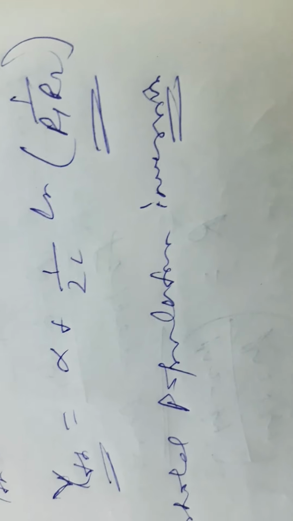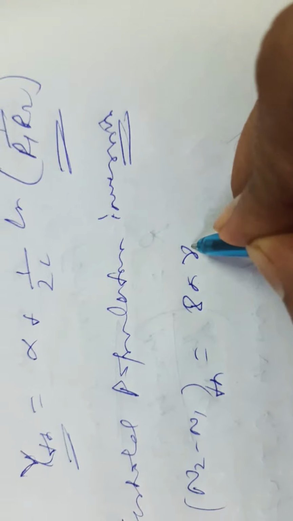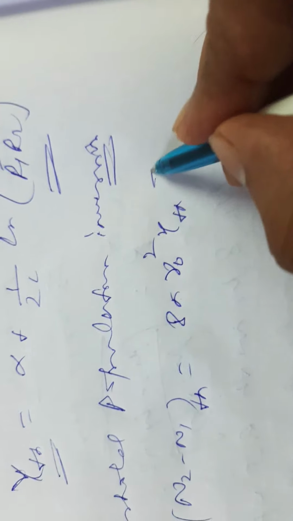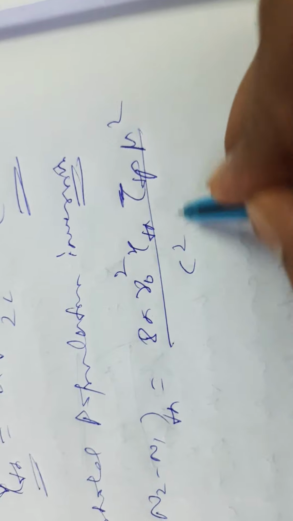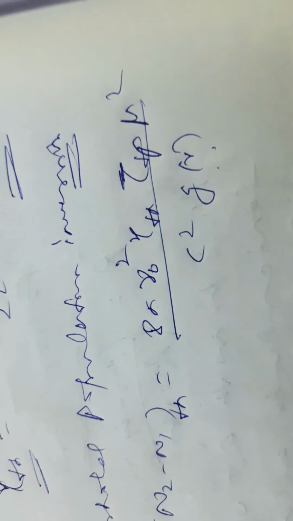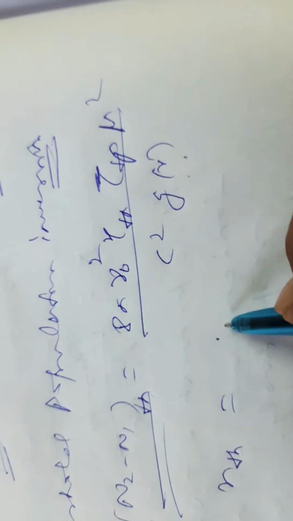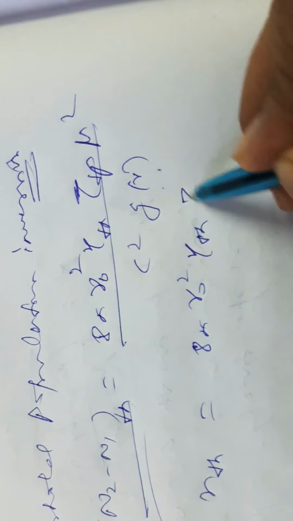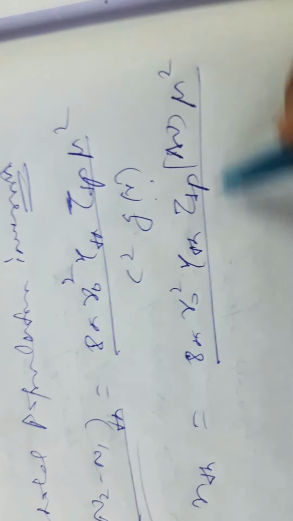The threshold population inversion can be expressed as (n2 minus n1) th equal to 8 pi mu naught square gamma th tau spontaneous mu square by c square g as a function of nu, or this could be written as n th equal to 8 pi mu naught square gamma th tau sp delta nu into mu square by c square.